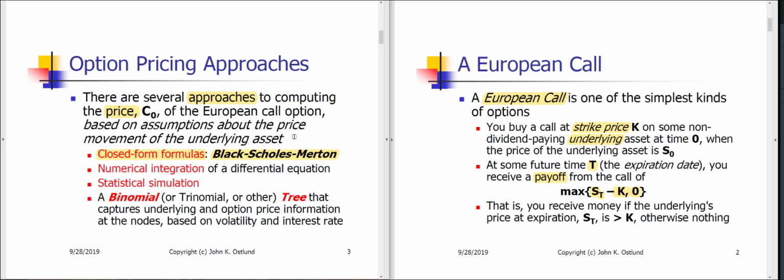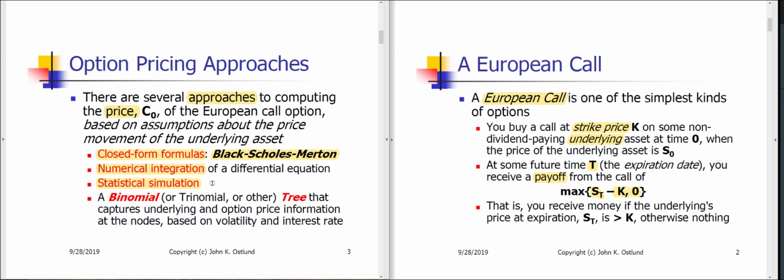Now, if the parameters of the option contract are defined in such a way that we can't find a closed-end formula, then there are various other approaches that we would have to try. For example, if we have a differential equation that describes the evolution of the value of the option, then numerical integration would be an approach to try.